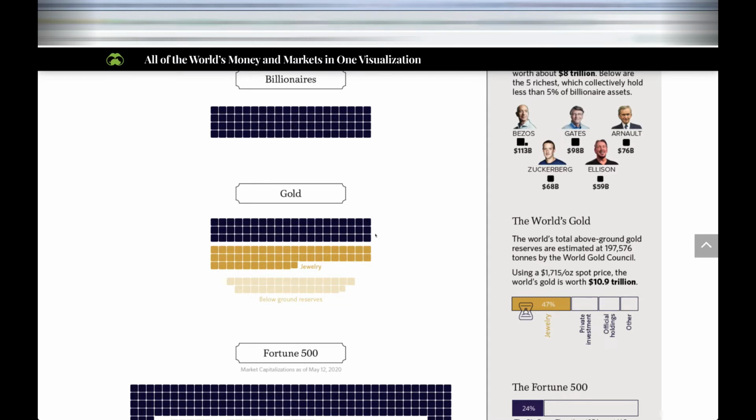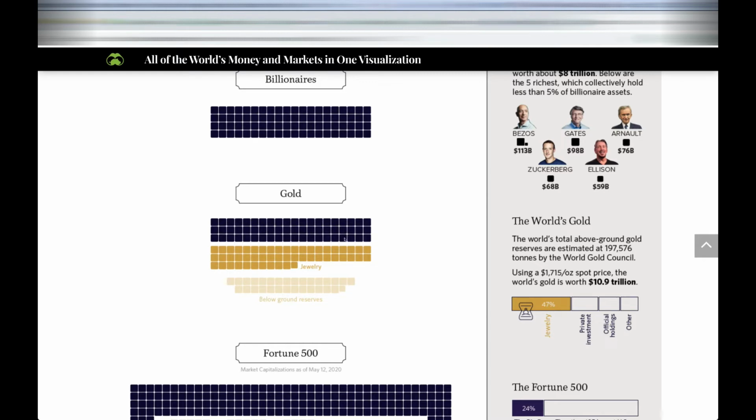But what might happen in this space is that a lot of the jewelry gold might end up going into investment gold, because if gold starts increasing in value and people are in debt and they need to close off their accounts and pay their bills, a lot of people will sell their gold.